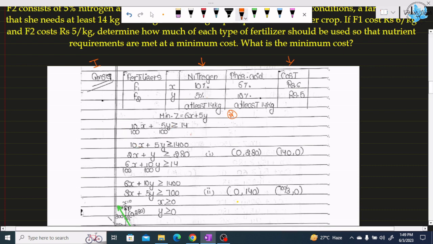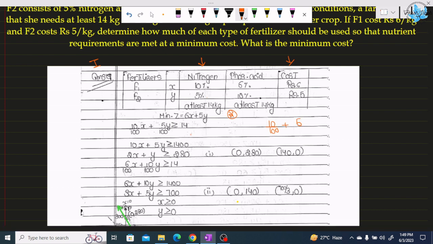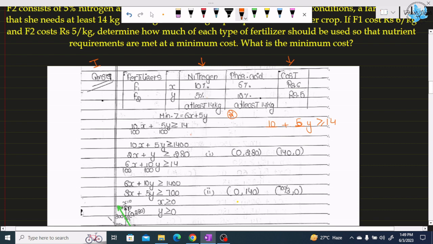Your equation is 10 upon 100 x plus 5 upon 100 y is greater than or equal to 14. Take 100 as the LCM. Now remove this denominator, so it will multiply on the right hand side and become 1400. In this way I have made this equation.